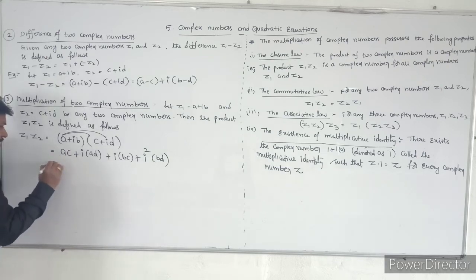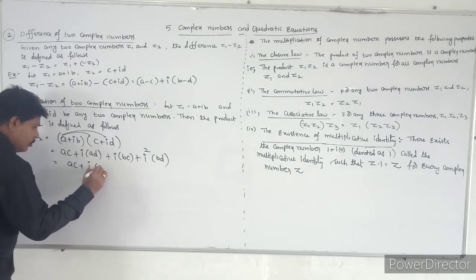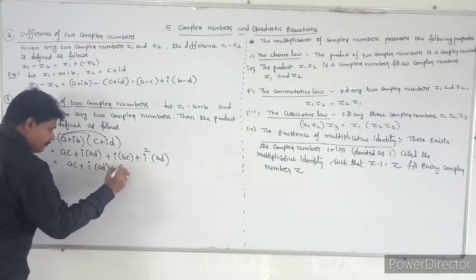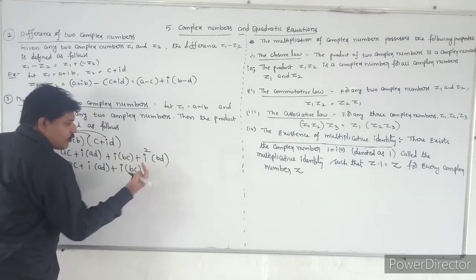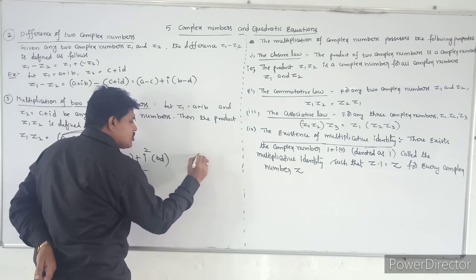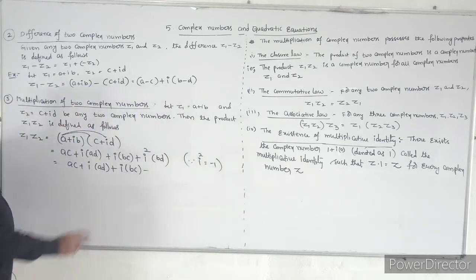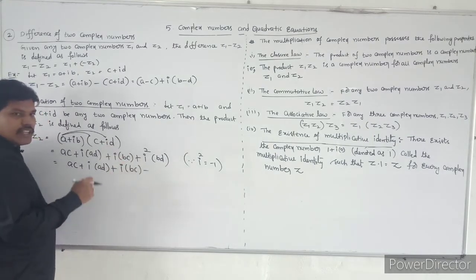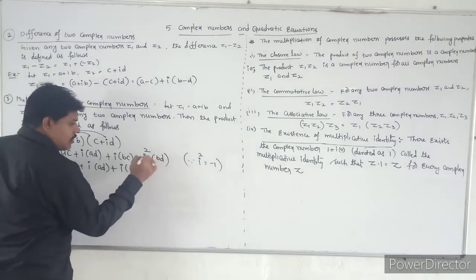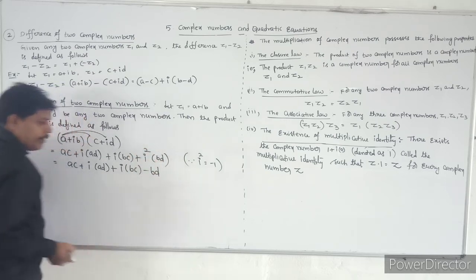So what happens here? ac plus i into ad plus i into bc, and i square, we already know, is minus 1. In the definition we have already given that i square is minus 1. So this will become minus 1 into bd, minus bd.